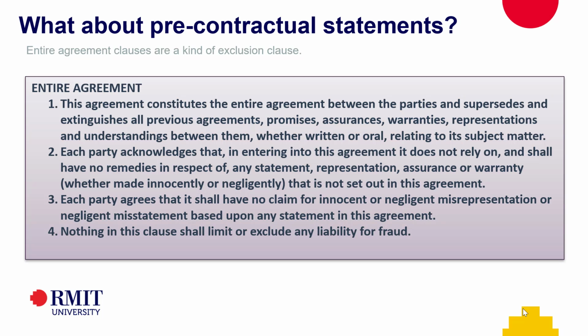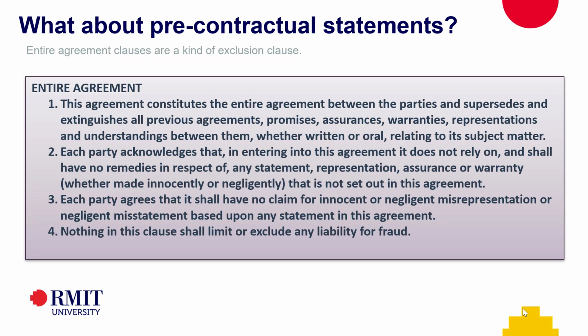So you go in, you have a look, you get this sense. You talk to the agent, you might talk to people who live in the area. There are all of these things that go into your decision-making process. Then you sign your contract, and it may or may not have something similar to this entire agreement clause.